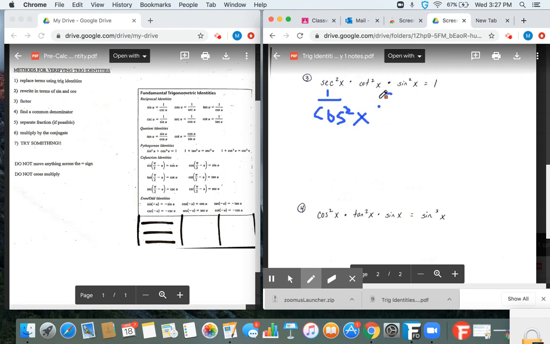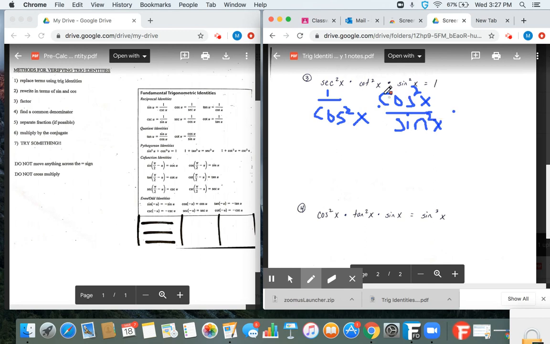Cotangent squared x would be cosine divided by sine. Now, if it was just cotangent x, it would be cosine divided by sine. But because it's cotangent squared x, it's cosine squared divided by sine squared x.